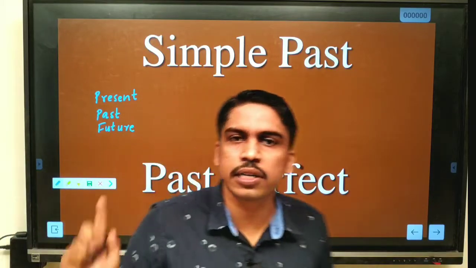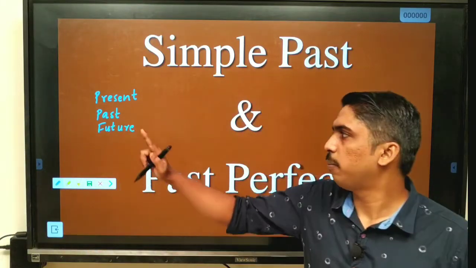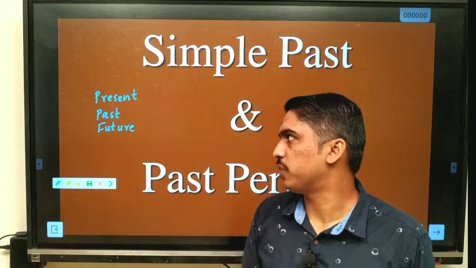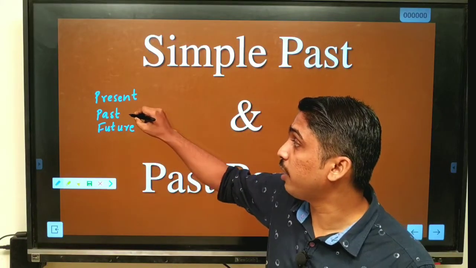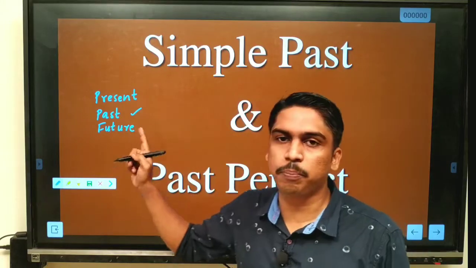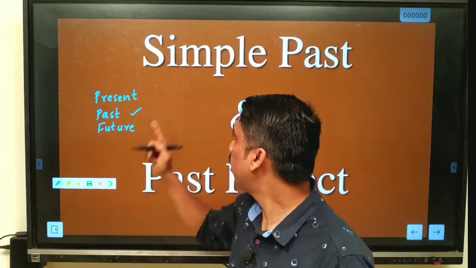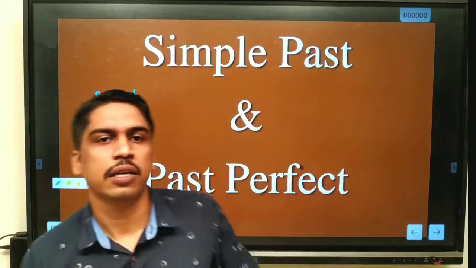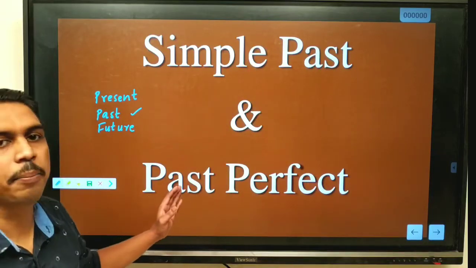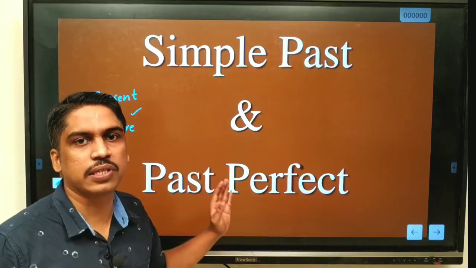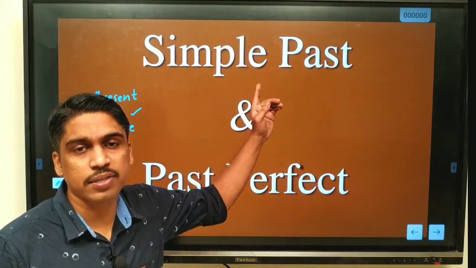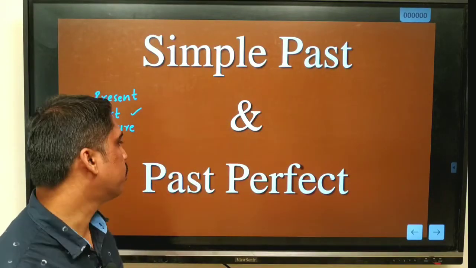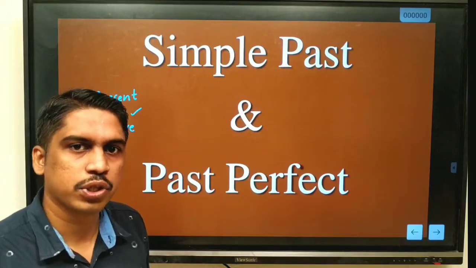So these are the 3 tenses: present tense, past tense and future tense. Here we are going to take only 2 tenses from the past tense, and the name of those tenses are simple past and past perfect. So these are the tenses that we are going to discuss today: simple past and past perfect. Okay, so shall we move?